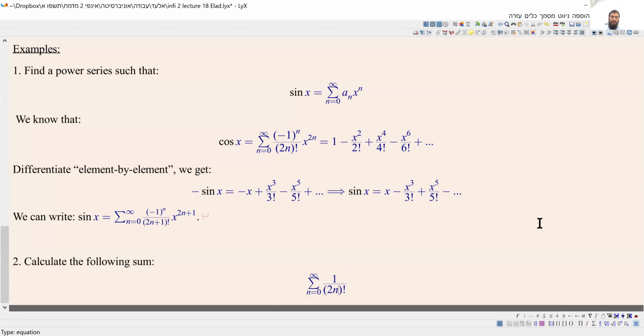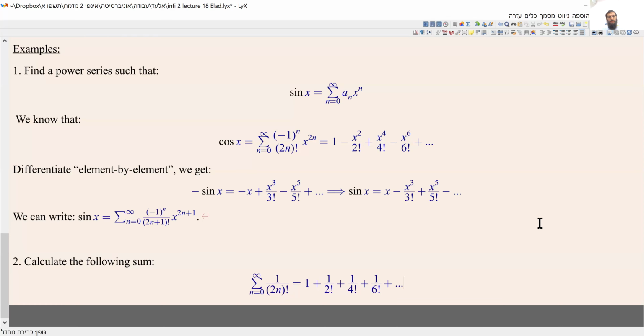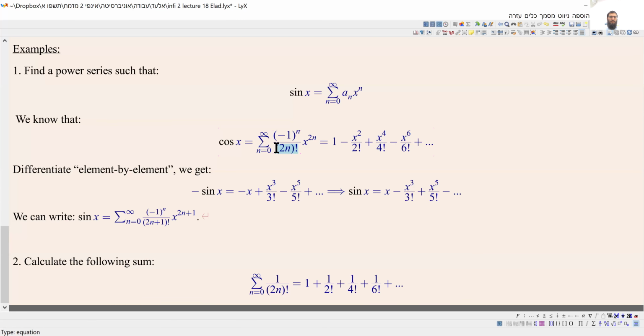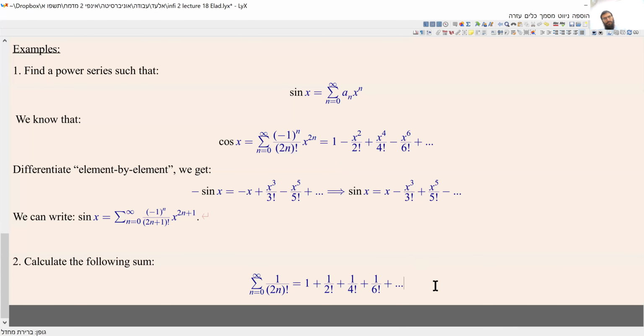First of all, let's write it down explicitly. It's 1 plus 1 above 2 factorial plus 1 above 4 factorial plus 1 above 6 factorial, and so on. It is definitely easier to look at it that way. Now, cosine is tempting with its fat, nice 2n in the denominator, but it is not the way.